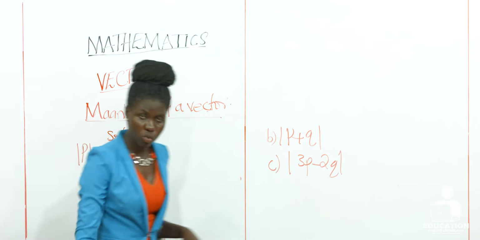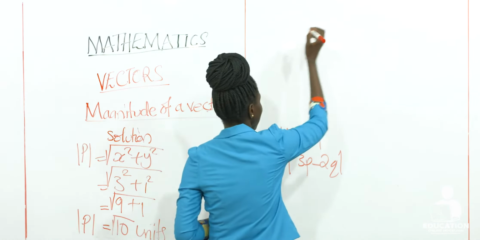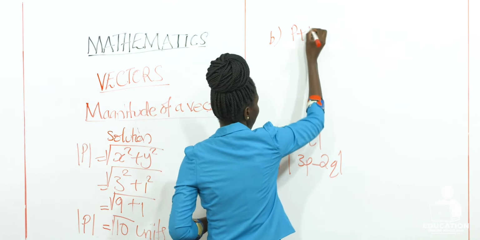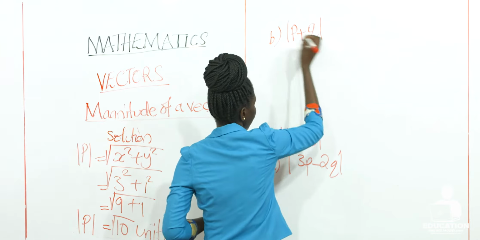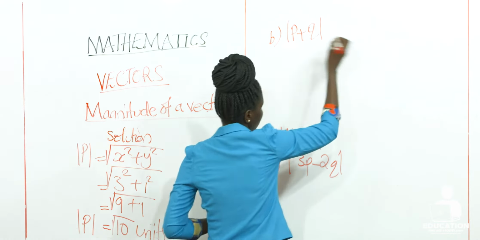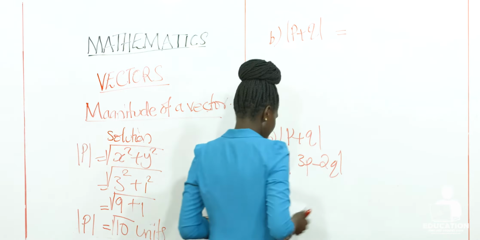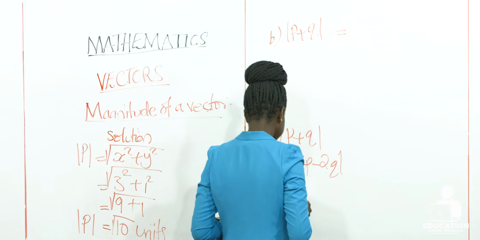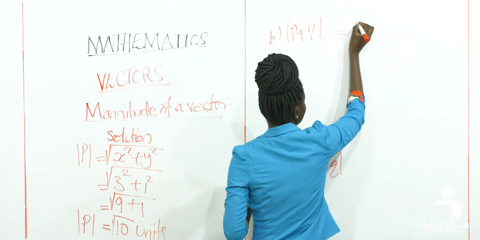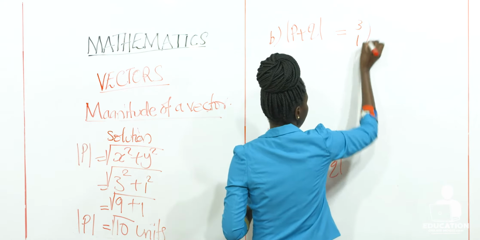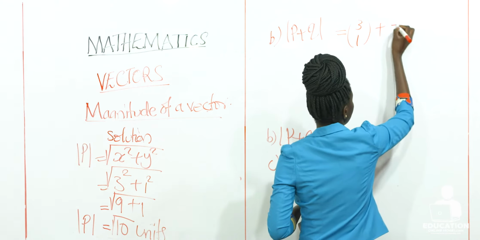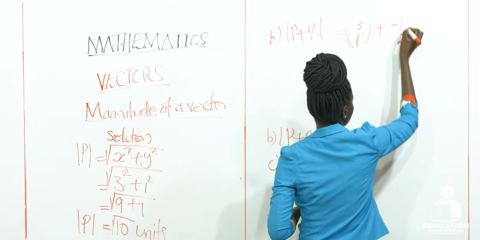Let's find the next one, which is the length of P plus Q. We are finding its length. So this is the same as adding the value of P and Q, and that is 3, 1 plus negative 1, 2.